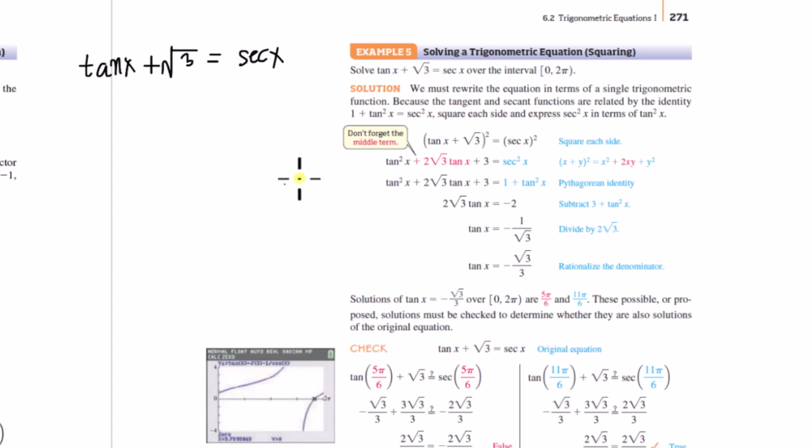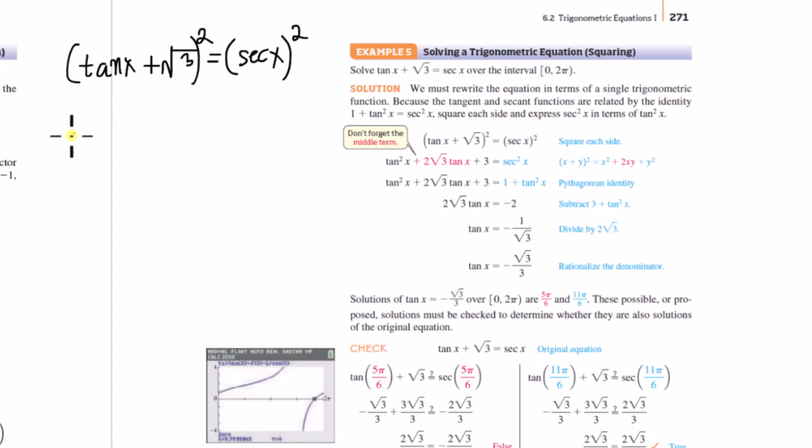So what they're saying is that we can think about whether there's some way we can create a trig identity out of this. And we know that tangent and secant are related: 1 plus tangent squared is equal to secant squared. So maybe we could square both sides here. And that's fine, but anytime you square both sides of an equation, you have to think about extraneous solutions.